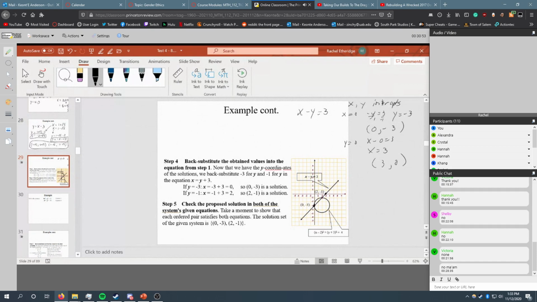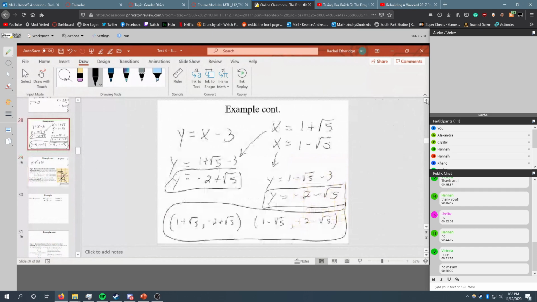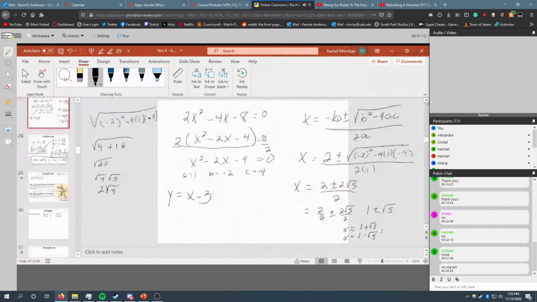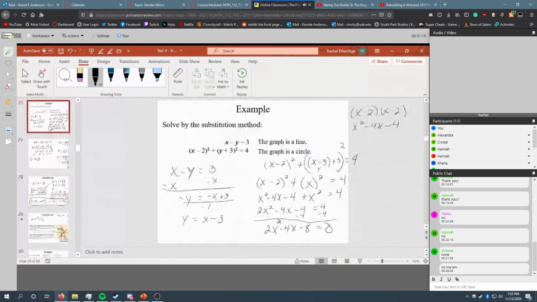And then the circle equation was x, I believe it was, let me go back and look, I forget what it was. X minus 2 and y plus 3.